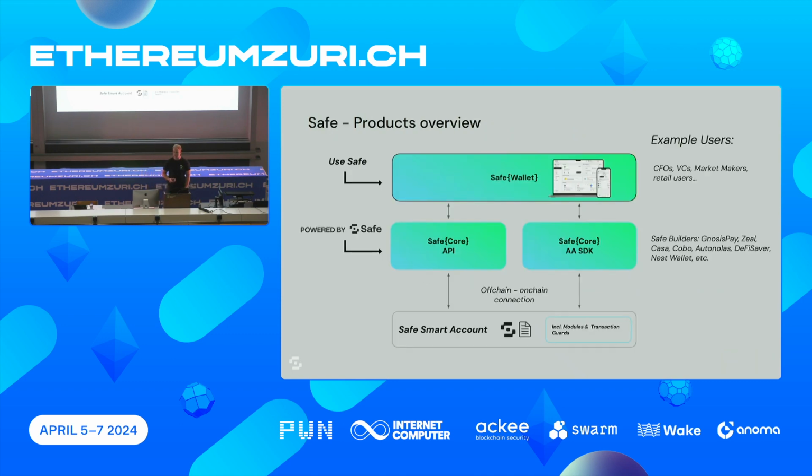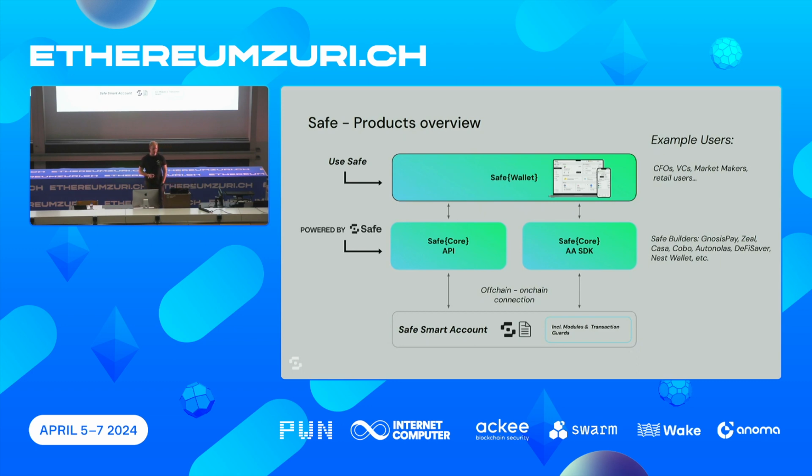But what is Safe actually? On the lowest level, it's the protocol, the Safe Smart Account, which was originally created about five years ago, with some iterations over time. This really brings the functionalities of smart accounts, but to make this more accessible to users and developers, Safe is also building open source solutions on top of that.